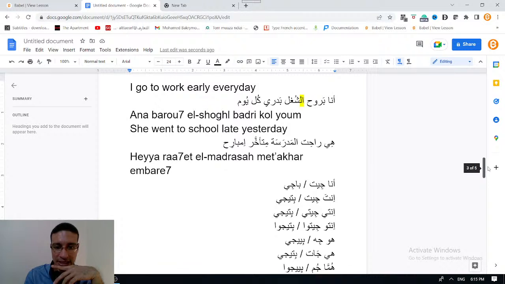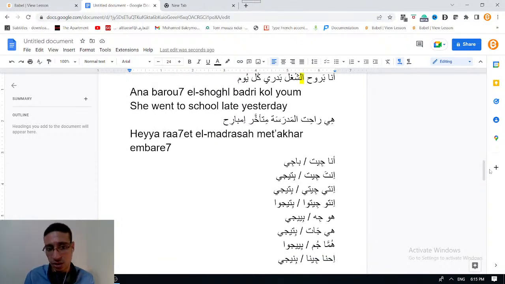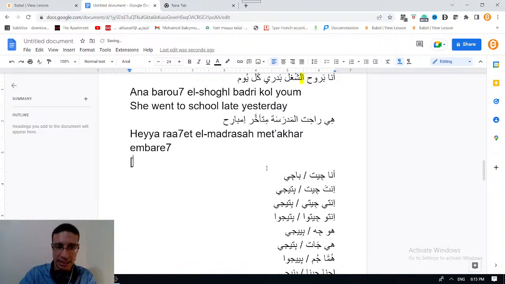The next verb is very irregular. However, in this lesson, I am trying to put the conjugation of the most used verbs, whether or not they are regular. So the next verb is to come, which is the verb ge. In standard Arabic, it's جاء.